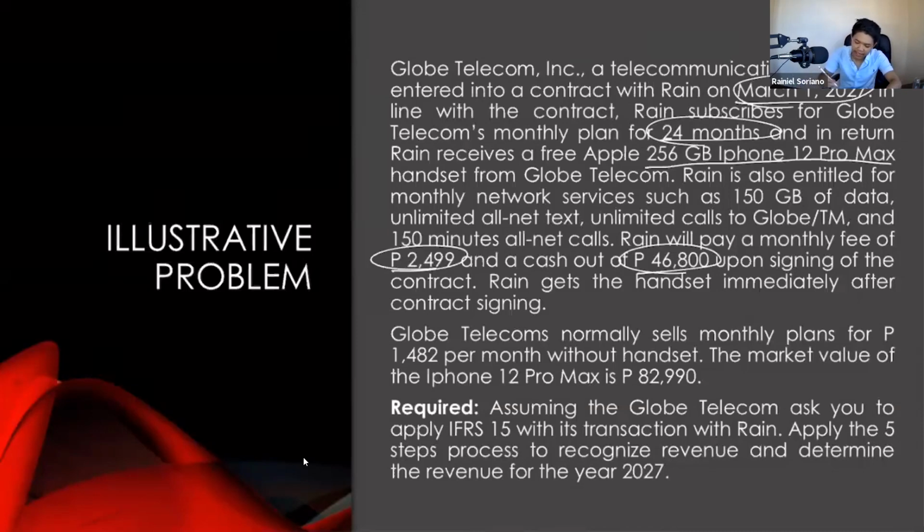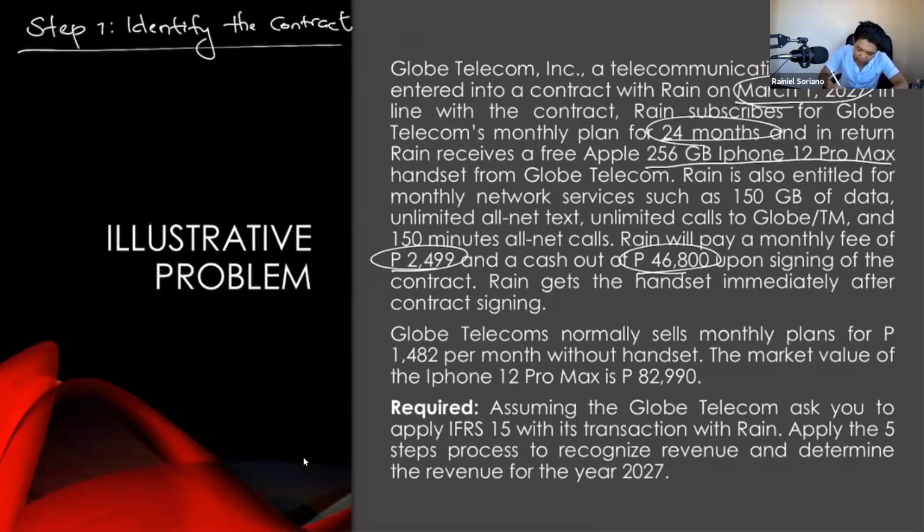Alright, so isa-isahin natin. Starting with step number 1. Step number 1, once again, is actually to identify the contract. Alright, well here, the contract is between Globe and Rain. Alright, so that's step number 1. Ngayon, punta tayo sa step number 2.